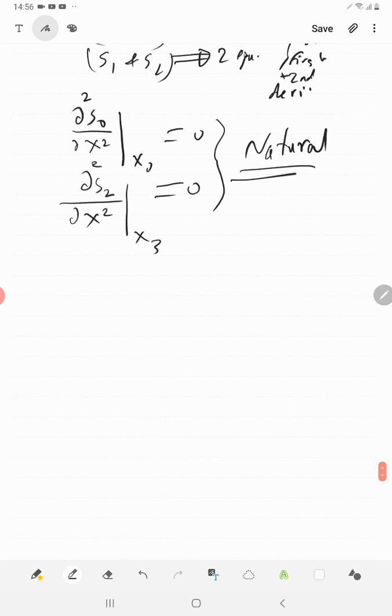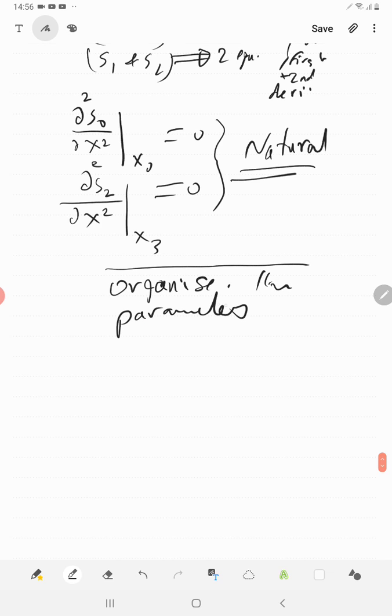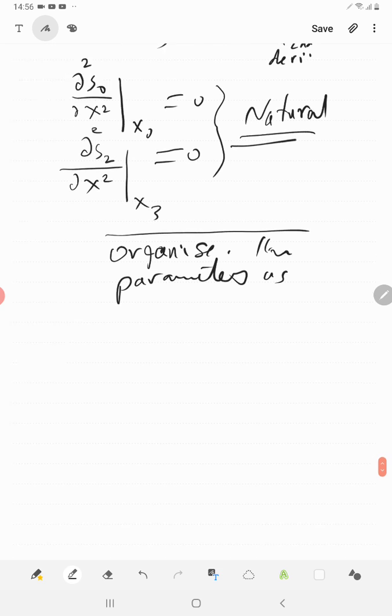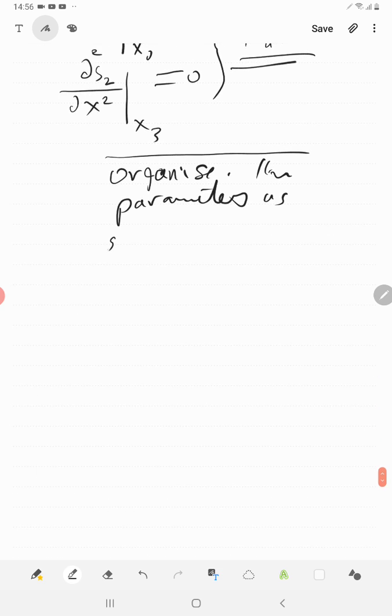So what we want to do, we'll organize the parameters as S0,0, S1,0, S2,0, and so on.